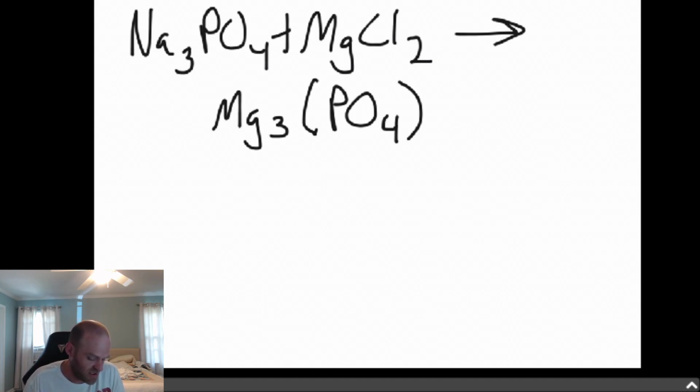So you'll see these polyatomic ions in parentheses. They're their own little part of the molecule, okay? And in this one, I actually have 2 phosphates connected to 3 magnesiums, all right? But this is all one molecule, plus NaCl.